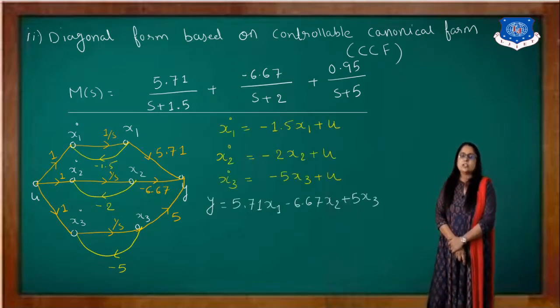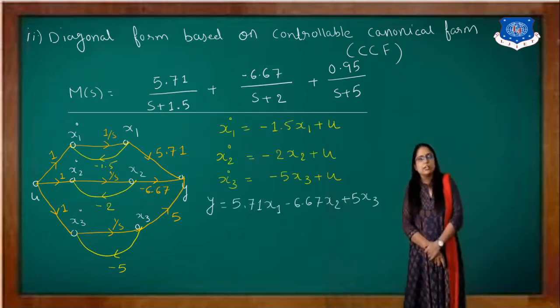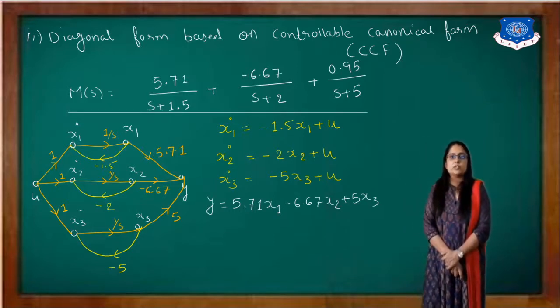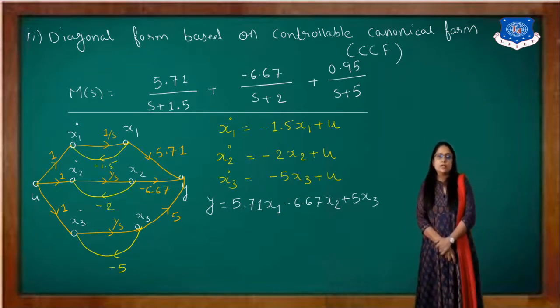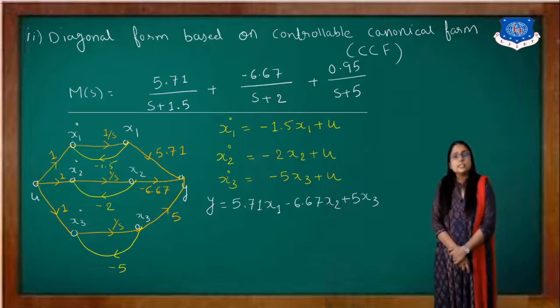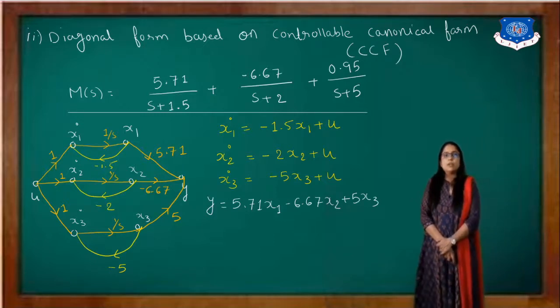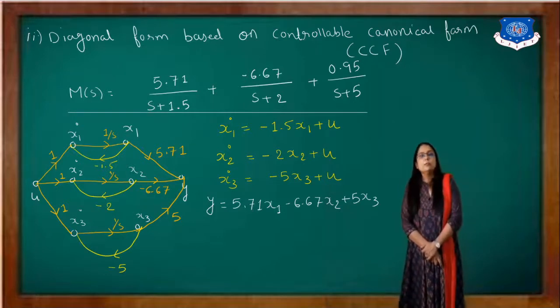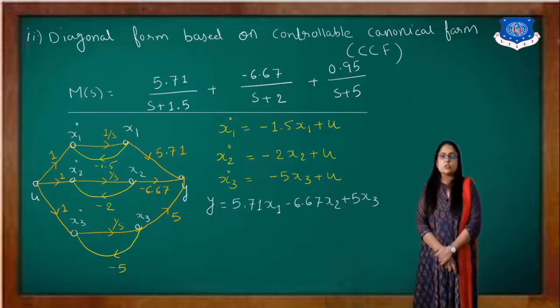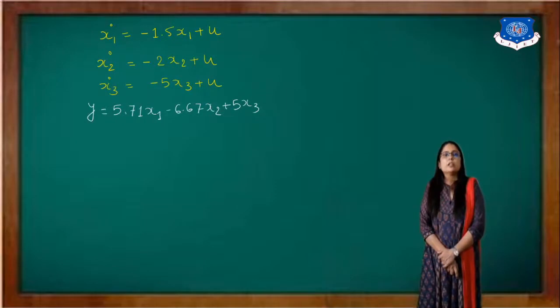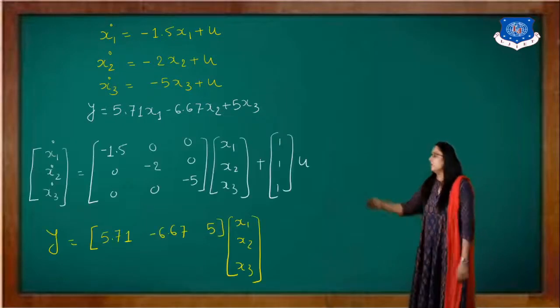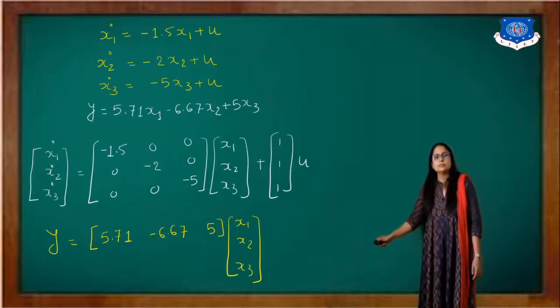Now based on this, write down the equations: x1 dot equals minus 1.5 x1 plus u, x2 dot equals minus 2 x2 plus u, x3 dot equals minus 5 x3 plus u, and y equals 5.71 x1 minus 6.67 x2 and 0.95 x3. Now based on this, we can write down this matrix.